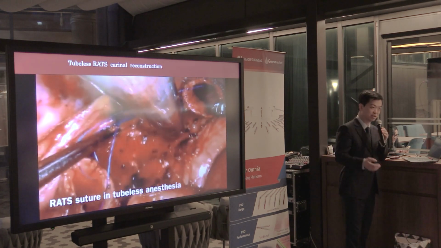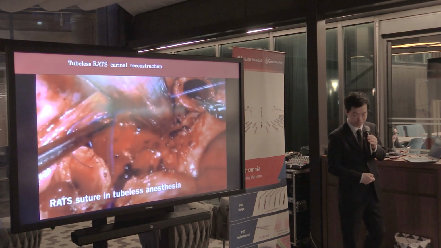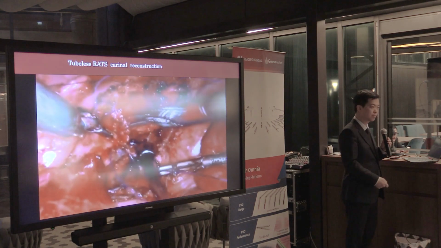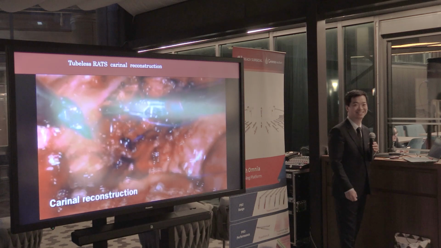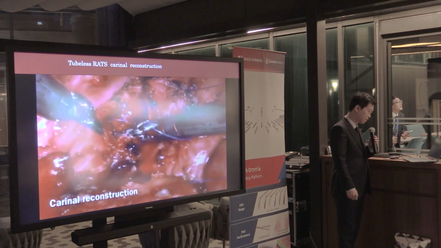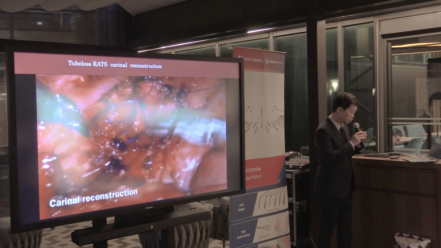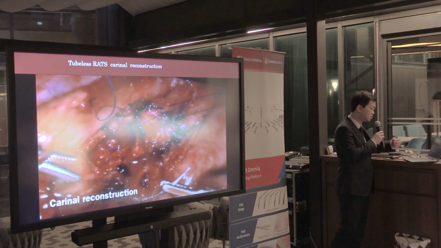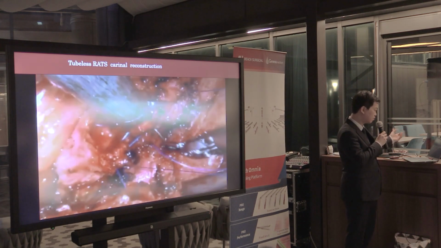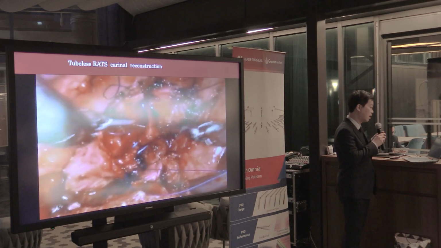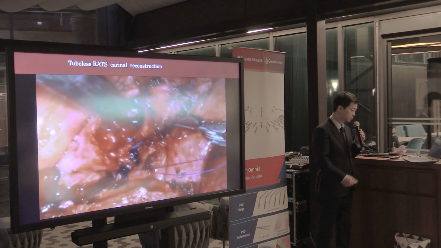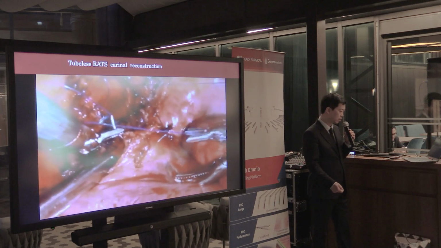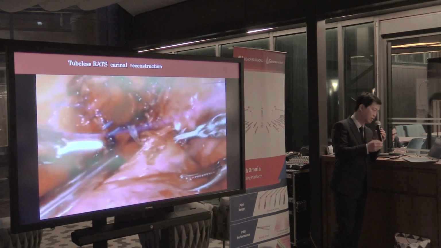Which has been published in the Annals of Surgery in 2021. So we will connect the end-to-side anastomosis from the left main bronchus to the trachea, and after that, the right main bronchus to the neocarina.